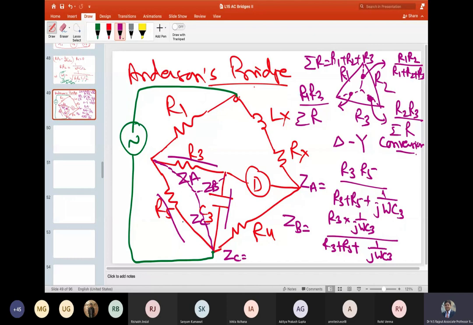ZC is these two divided by this. So this will be R5 into 1 by j omega C3 divided by R3 plus R5 plus 1 by j omega C3. Correct. So in this way, we can find the equivalent.